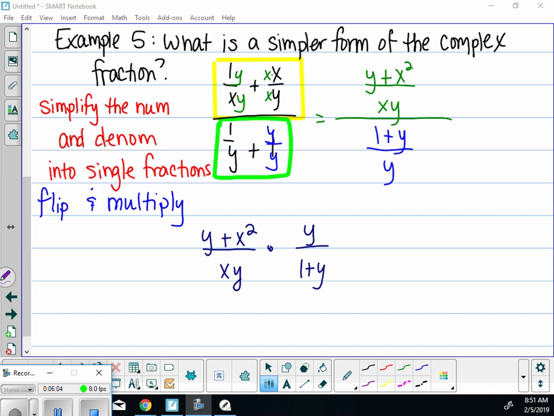These are being multiplied, so those y's can cancel. I have an x that can't cancel with anything. I have a 1 plus y that can't cancel with anything. So I will have y plus x squared over x times 1 plus y.